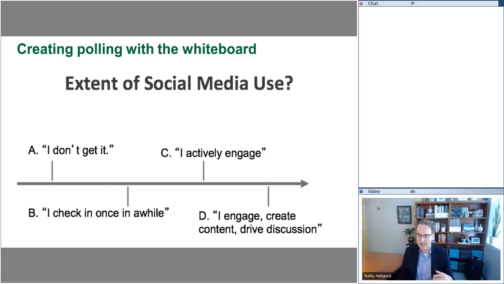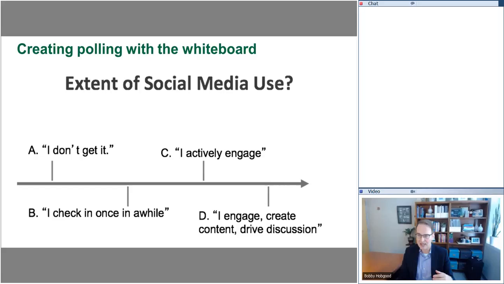So I'm going to ask you now, if you would, using, again, the whiteboard tools at the top of the page, you'll notice that you have, it's 5 icons from the left.